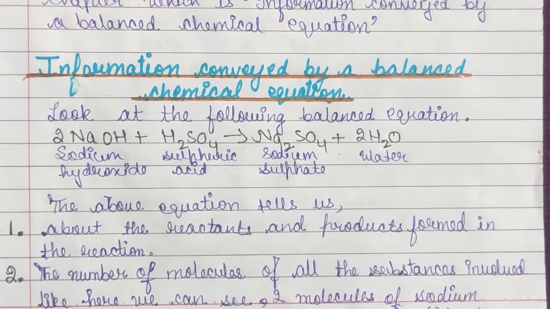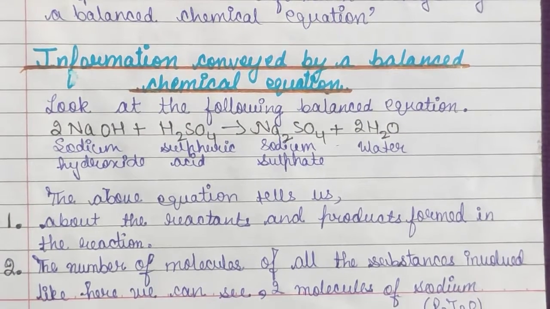This is the continuation of the lesson for class 9th for the subject of chemistry, topic: information conveyed by a balanced chemical equation, which is covered in chapter 1, the language of chemistry, and is being submitted to you on 19th April 2021.